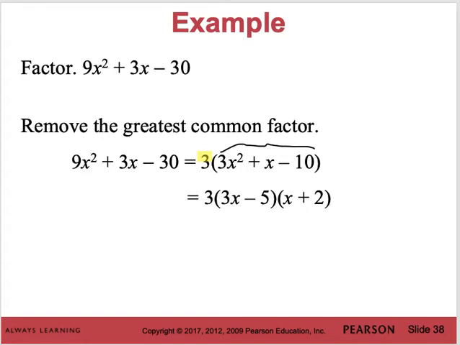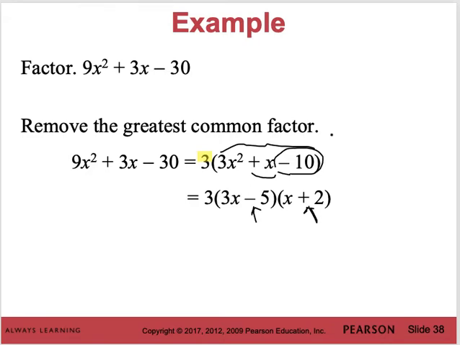Well, we know that we're multiplying to equal a negative value. And we're adding together to equal a positive value. So we know that we have to have a negative number times a positive number to equal a negative 10, and then to add together to give us a positive number. Okay, so that works.